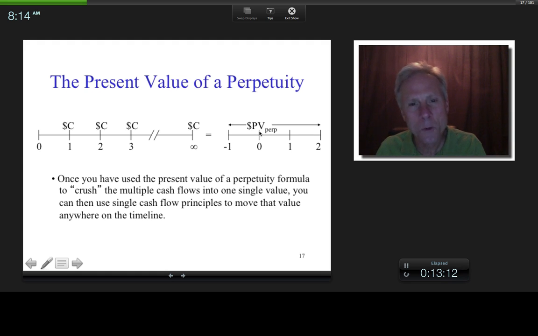Well, if I wanted to know what that $100 was equivalent to at time 1, is that a single cash flow problem? It is, right? $100, 10%, 1 year later, $110. So that's going to be the case with all of the multiple cash flow formulas that we solve for in this lecture. Step number 1, crush them into one single number at one single time period. Step number 2, use single cash flow principles to move them anywhere along the timeline that you want.